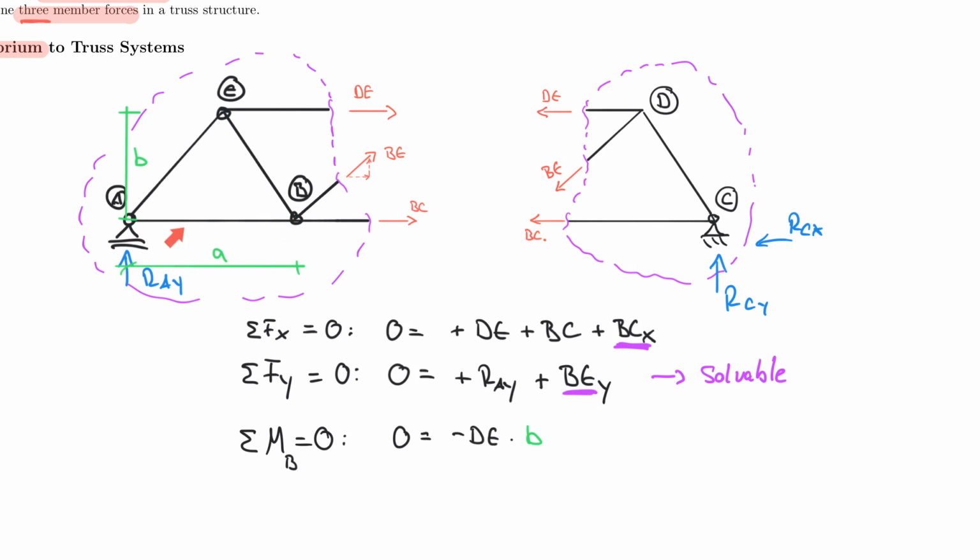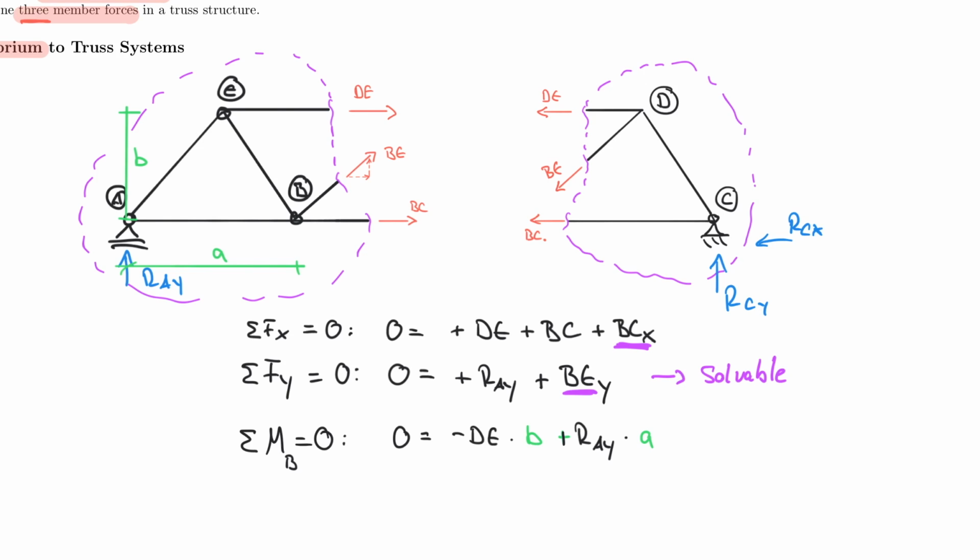Because it has the distance of this chord here on the bottom. And I just named that A. So if I write that down, that would be RAY multiplied by A. And in this case, RAY rotates counterclockwise about B, so therefore it happens to be positive.